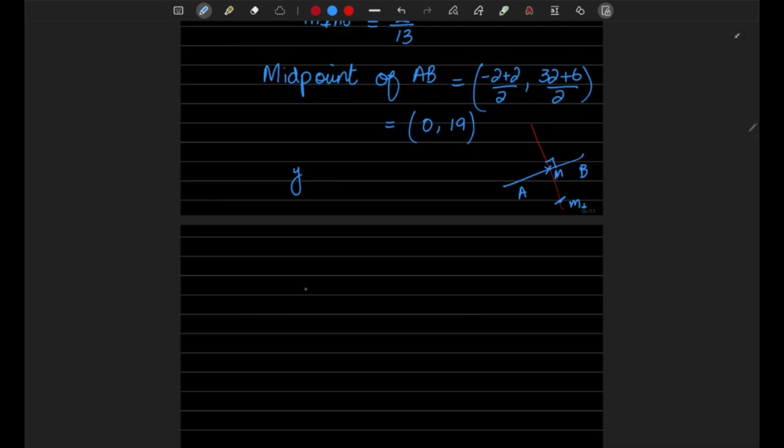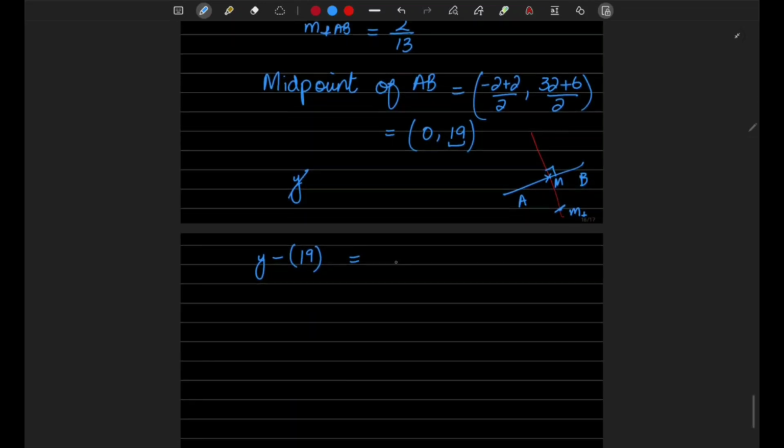So let's use that: y minus y1, where y1 is from the midpoint, equals m, the slope of the perpendicular bisector, 2 over 13, times x minus x1, x minus 0.